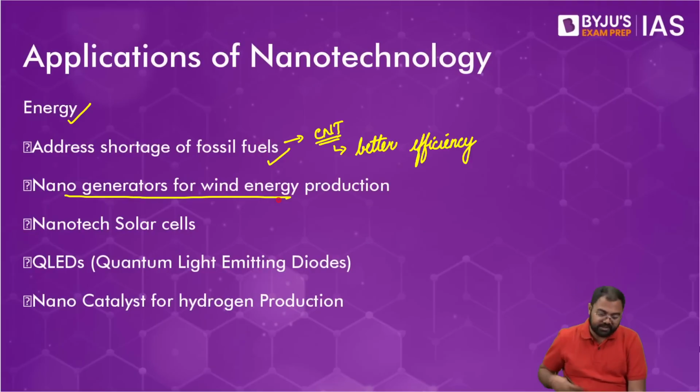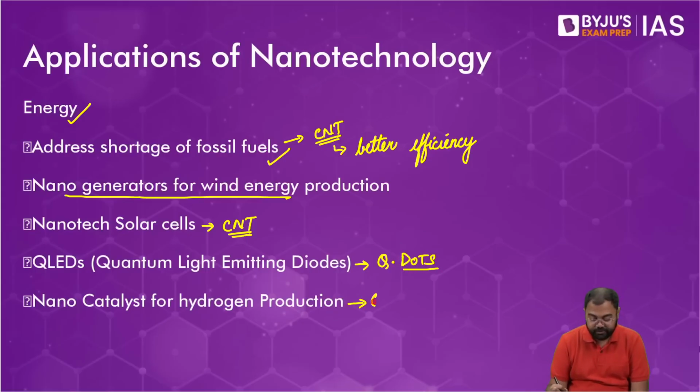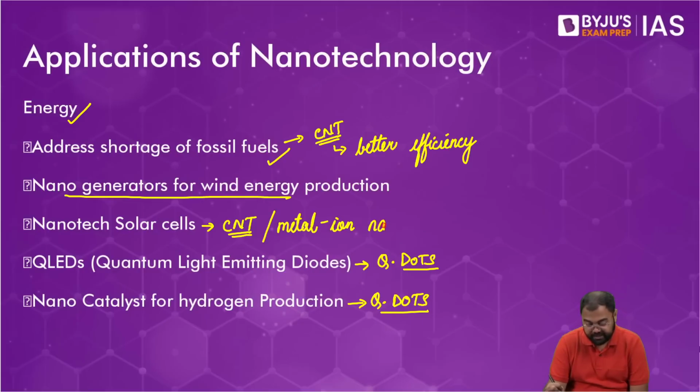Then in nanotech solar cells, again carbon nanotubes become very, very crucial. In making QLEDs, as we discussed, quantum dots become very crucial. And then in making nano catalyst for hydrogen production, again quantum dots can become very crucial in these scenarios. So in all these cases, we see that they can be used. Apart from that, in case of solar cells, metal ion nanoparticles like gold or silver nanoparticles can also become useful in such scenarios.